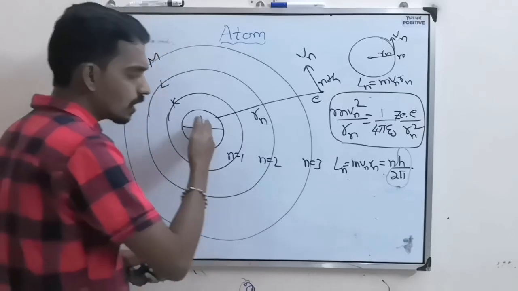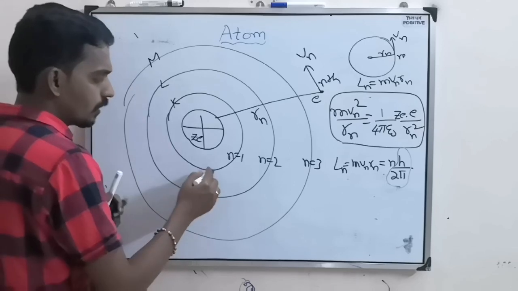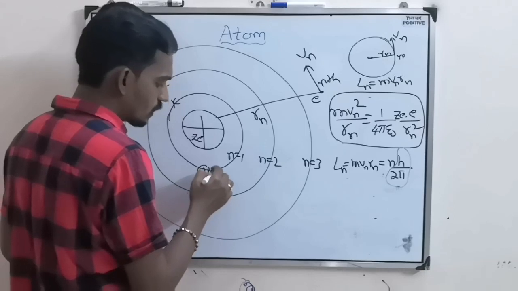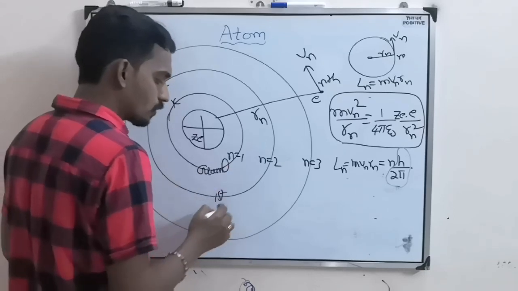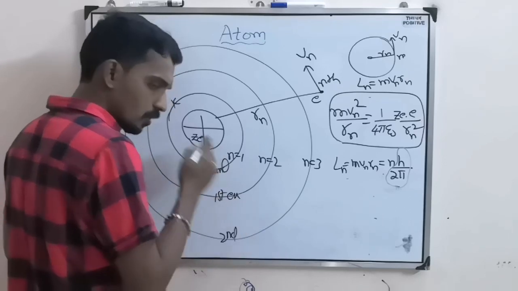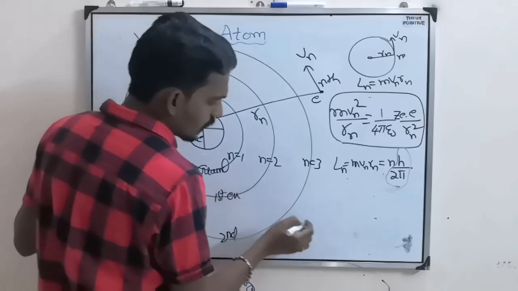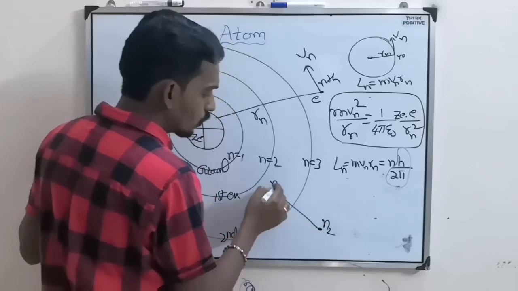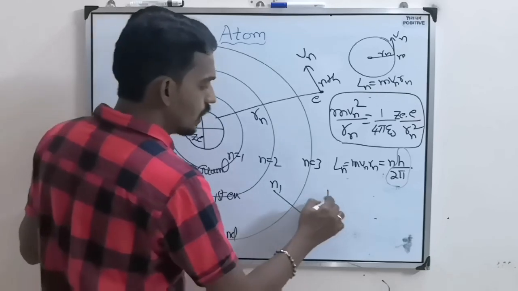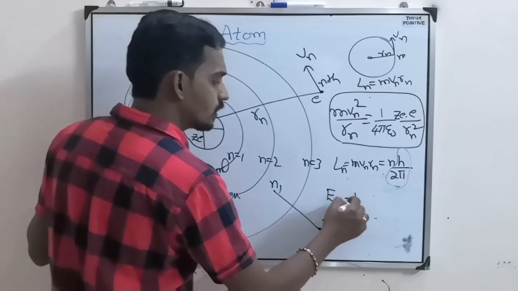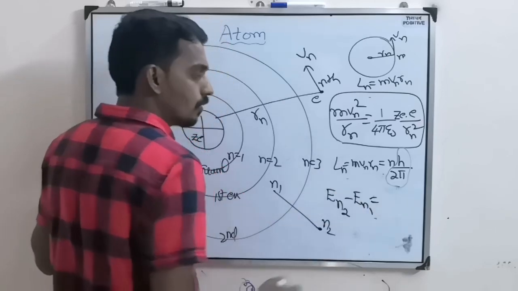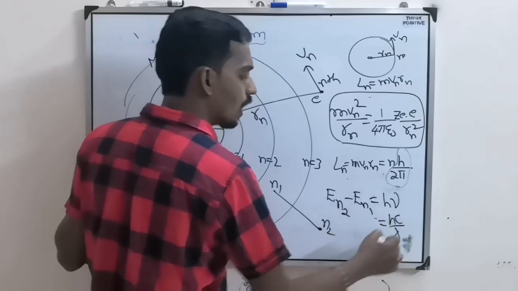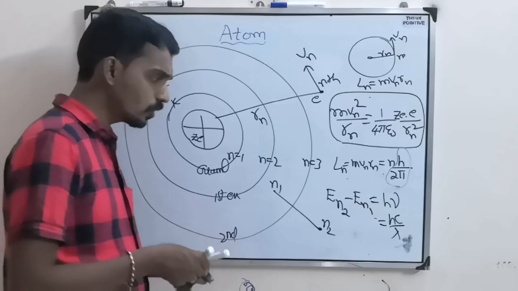And he also said that these are called energy levels like E1, E2, E3, and so on. The lowest level we call the ground energy level or ground level. Then we call these the first excited, second excited, and so on. So when an electron takes a transition from a higher level to a lower level, what he concluded is that the difference between the higher energy level and the lower energy level will be emitted from the atom in the form of a photon, that is h nu or hc by lambda, as we have studied in dual nature of radiation.